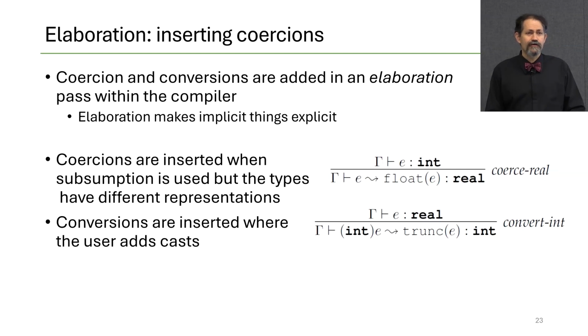So the convert int rule will take an expression of type real, and if the user wrote that cast to integer, then the compiler will insert a truncate expression, and so the generated code, which will be on the right-hand side of the squiggly arrow in this judgment, basically is more explicit. It calls library functions whenever something needs to be transformed. In this case, that library function might just be a particular instruction in the target machine that converts between integers and floating point numbers.